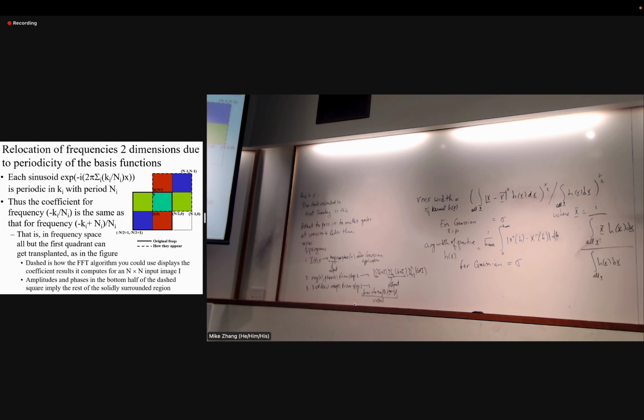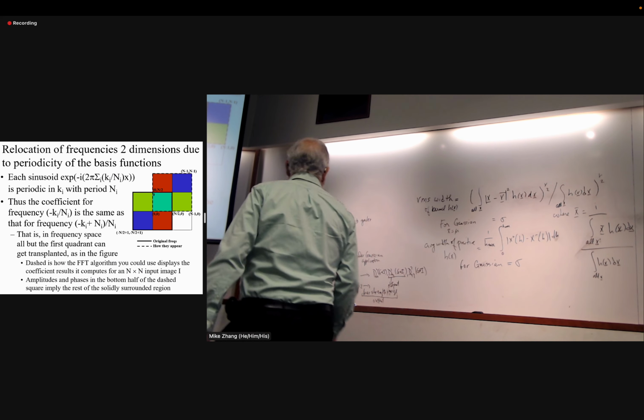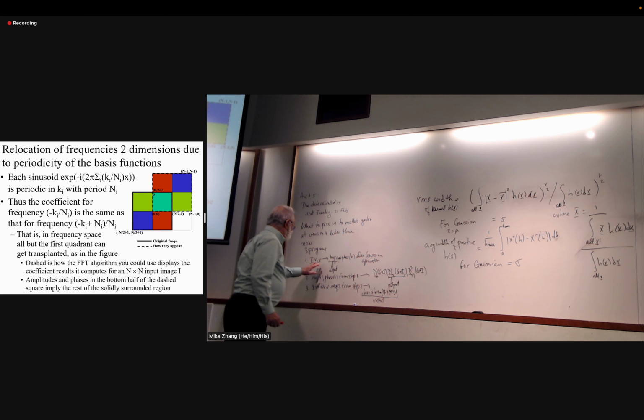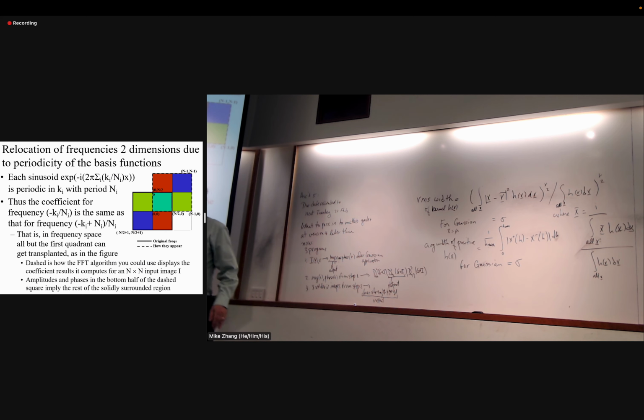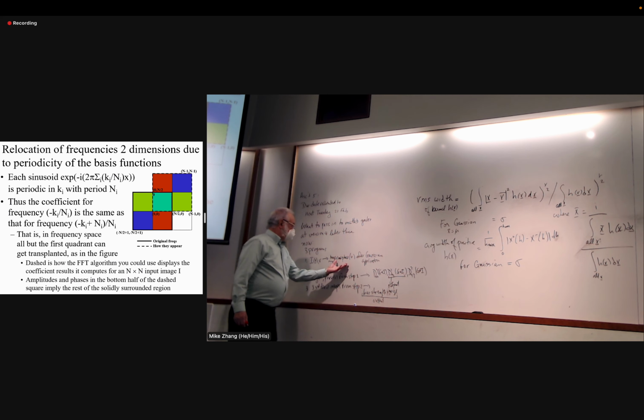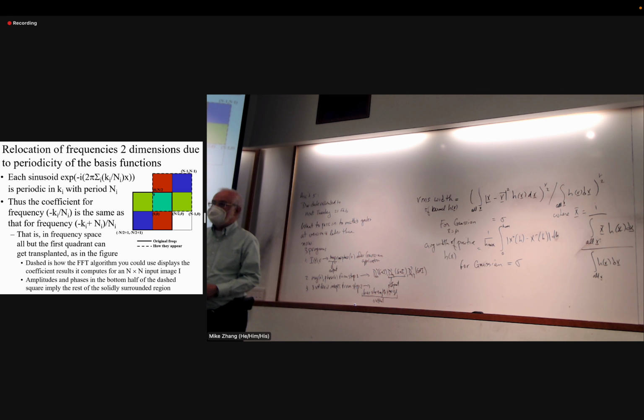The MATLAB grader is going to expect 3 programs, one of which takes the original image and the RMS width, the standard deviation of the Gaussian, sigma, and it will produce a magnitude and phase image of the Gaussian applied to that image in the frequency domain.